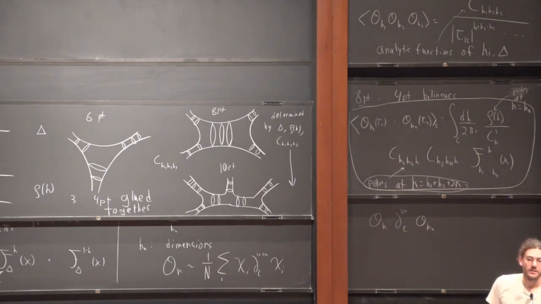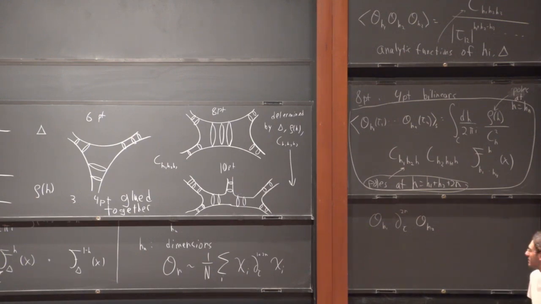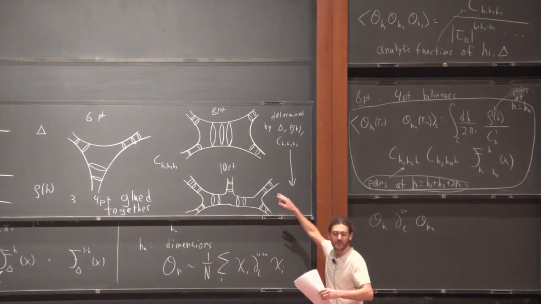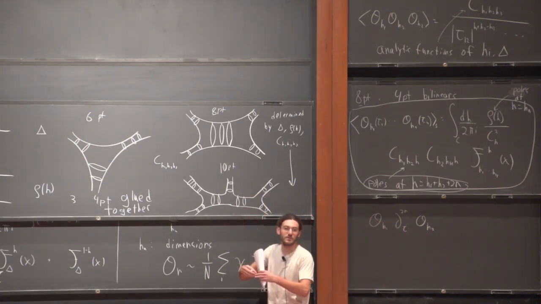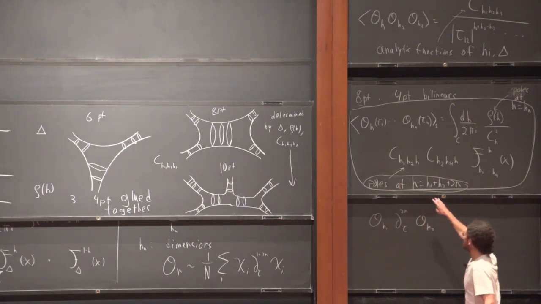Yes? For the other term in the 8-point function? Yes, up to that other term, yeah. What is the operator content of that contribution? Just double trace. So it's these same guys, h equals h1 plus h2 plus 2n. Sorry, the diagram I didn't draw, where you have 4 ladders glued at a single point. Yeah. It won't involve the C's.